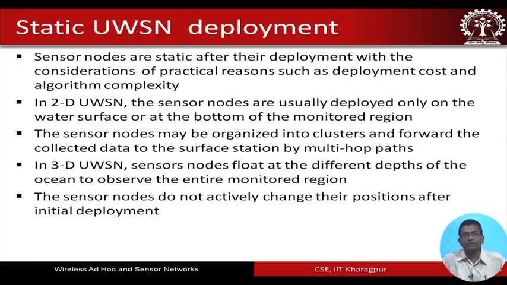These nodes are fitted with a certain mechanism by which, even if an ocean current hits it, it will come back to its original pre-configured position. These nodes float at different points in the ocean column. So, 2D is more typical for static UWSNs, 3D is also possible, and using both of these models one can have static UWSN deployment.